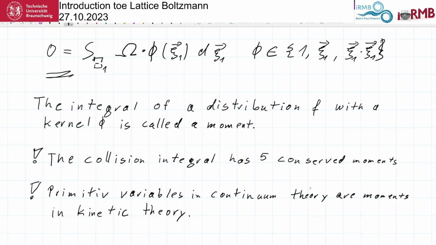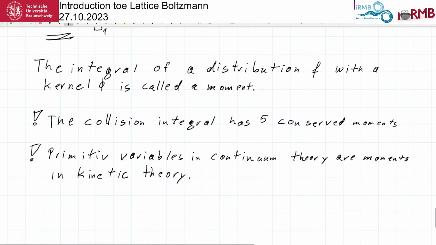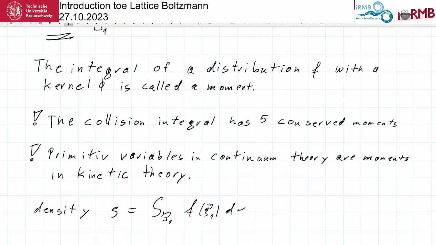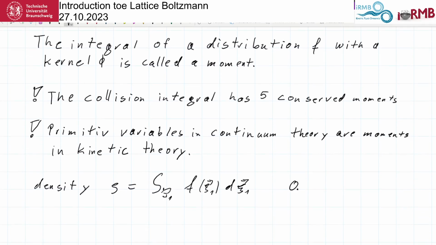What is coming out is, for example, the density, rho, which is just the integral over f over all velocities xc1, dxc1. This is what we call the zero moment because nothing goes in.